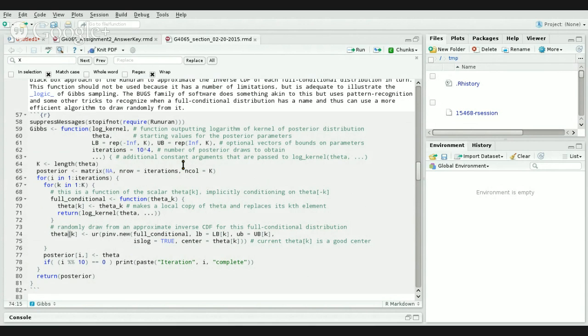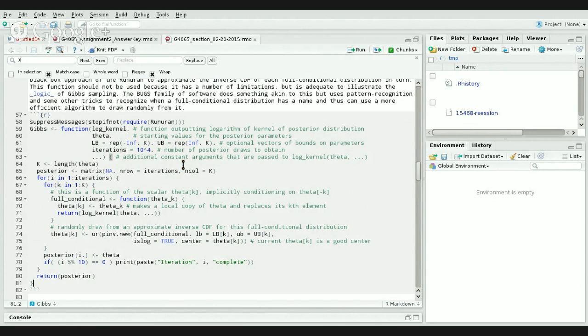In particular, MCMCpack is sometimes programmed, if possible, so that it can make a whole draw of a subvector of parameters at a time. So if you have like 100 beta coefficients, rather than drawing them one at a time, it will draw from the whole 100-dimensional distribution of the beta coefficients at once, conditional on the error variance or whatever.